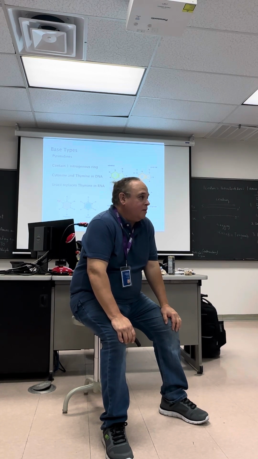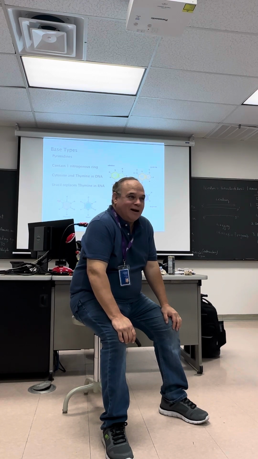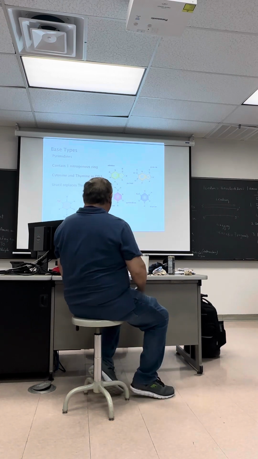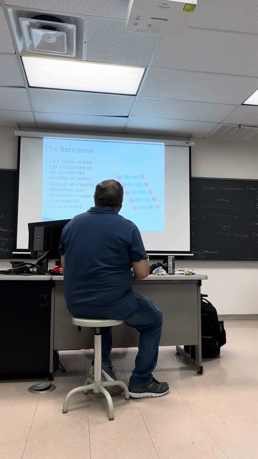So cut the pie means C, cytosine, U, uracil, T, thymine, cut the pie, P-Y, pyrimidine. So cytosine, uracil, thymine are pyrimidines. Of course pie is not spelled P-I-E, it's P-Y, okay? Good, that's a pretty cool mnemonic to think about.